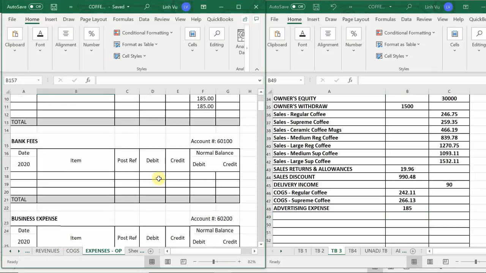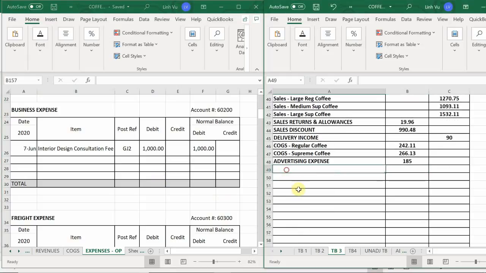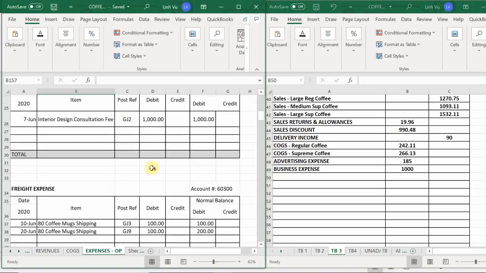Next one on the list is bank fees. We haven't done our bank reconciliation yet, so nothing there. The next one here is going to be business expense. Yes, we did have a business expense. For how much? $1,000. Okay.